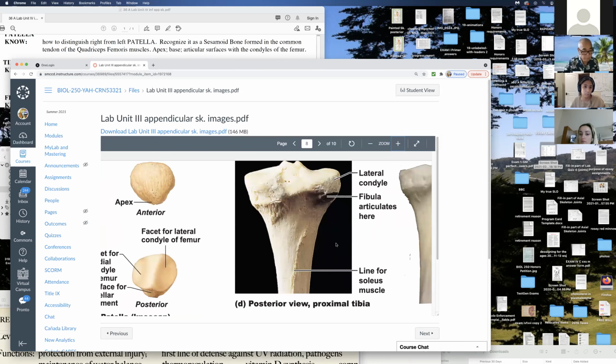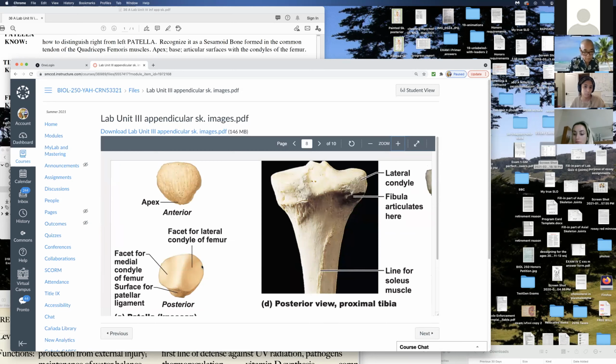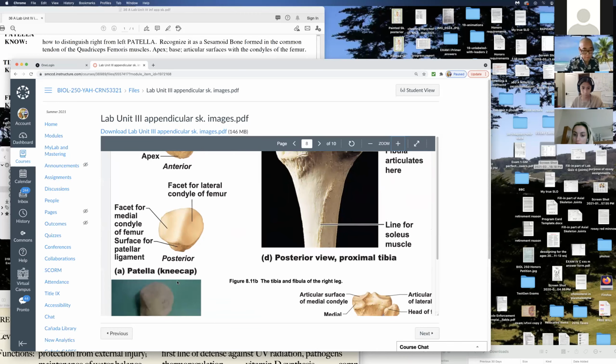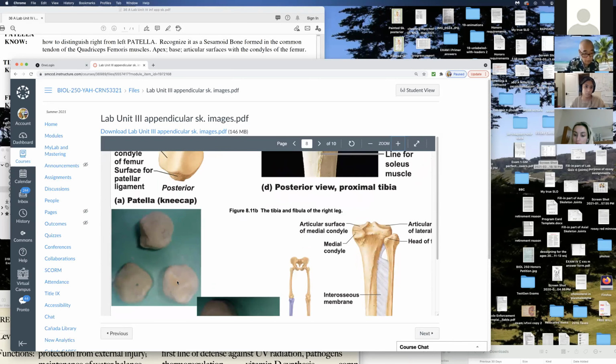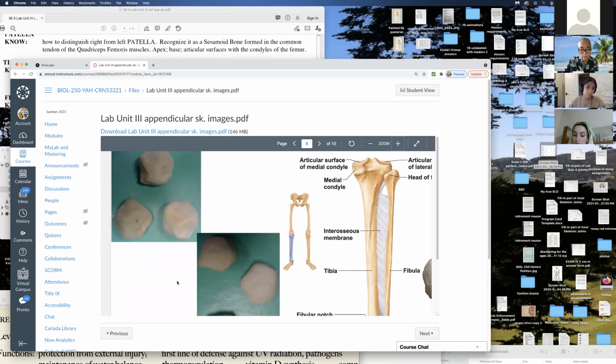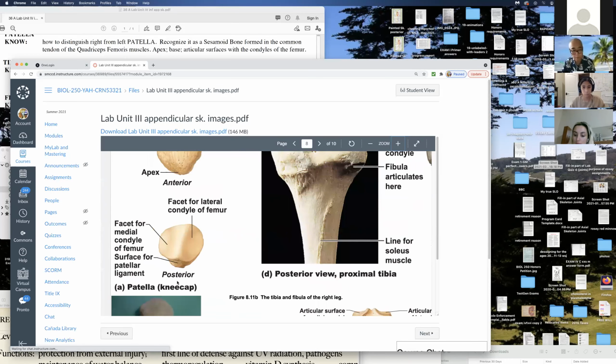So what it would be resting on is actually the facet for the lateral condyle of the femur. Whoever set those pointers up is wrong. So that's the reason it's going to be resting on the lateral facet for the lateral condyle of the femur.